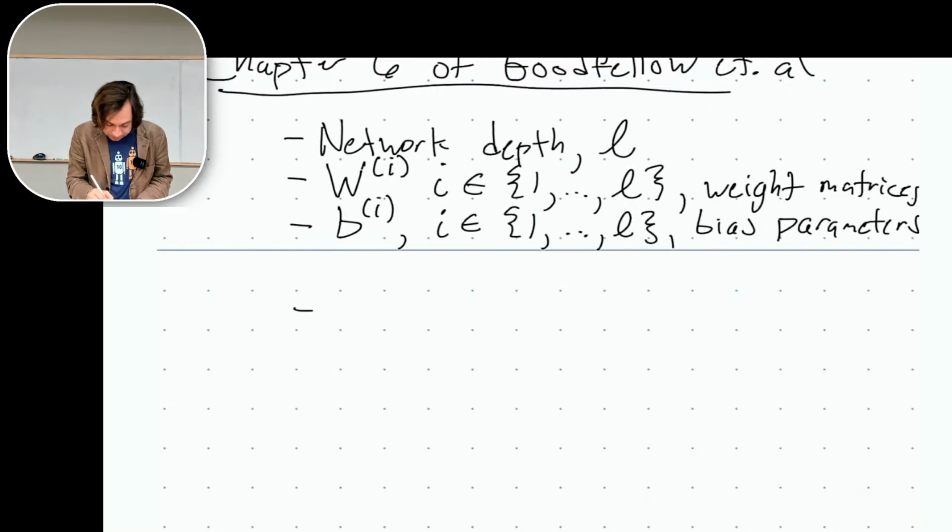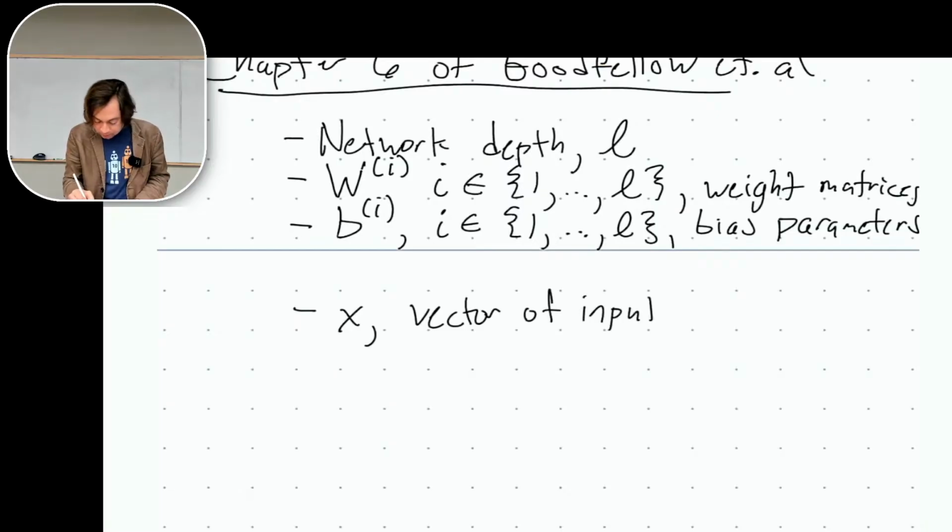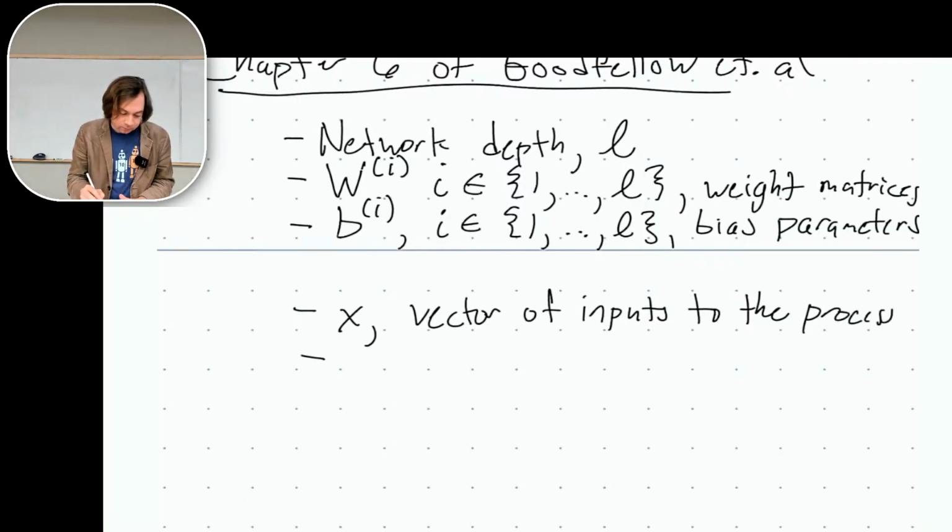And you have X, which is a vector of inputs to the process, and Y, which is the target output, right?